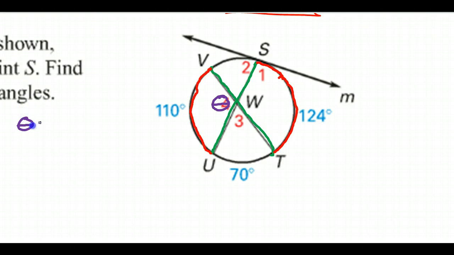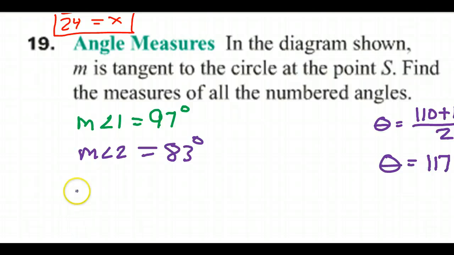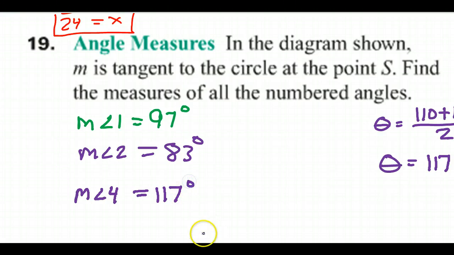Theta should equal 110 plus 124 divided by 2. So that is 117. Remember that's angle 4, so I'm going to go ahead and record that over here. So the measure of angle 4 is equal to 117 degrees.